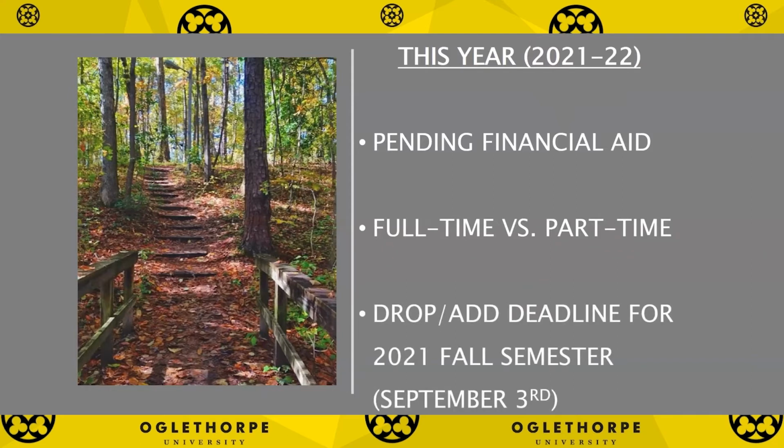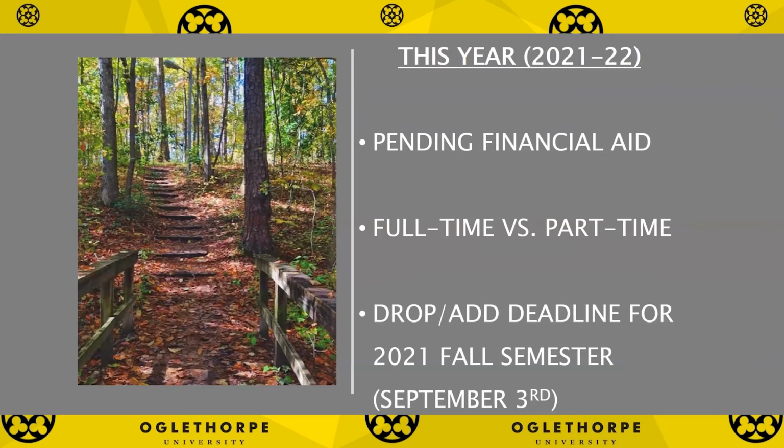And then I also like to highlight the drop/add deadline. The drop/add deadline, essentially until that date, schedules are somewhat fluid. So if you're putting together your schedule and you had some schedule changes that you would like to try to make, you can make those changes with your advisor. If you want to add coursework, if you want to subtract coursework, your schedule is somewhat fluid through the drop/add period.